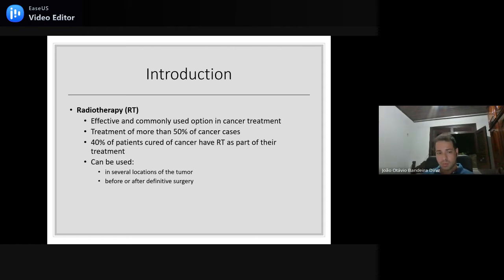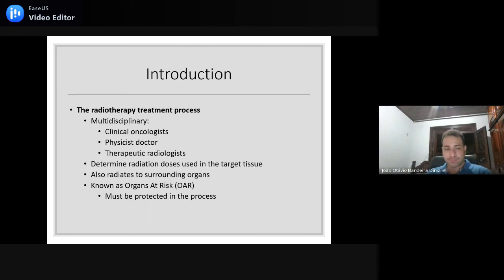We can use this option in several locations. The rays are directed at the tumor the patient has. During this process, we can also use it before or after the definitive surgery.